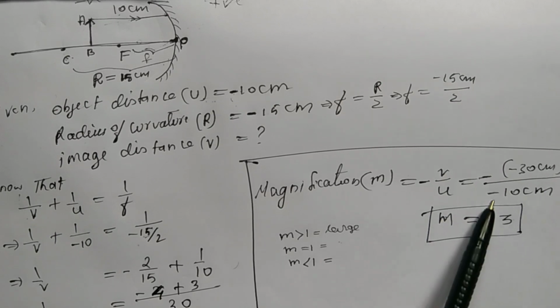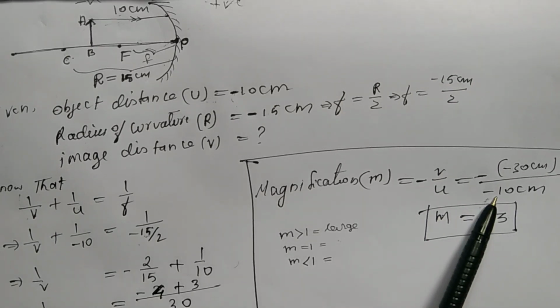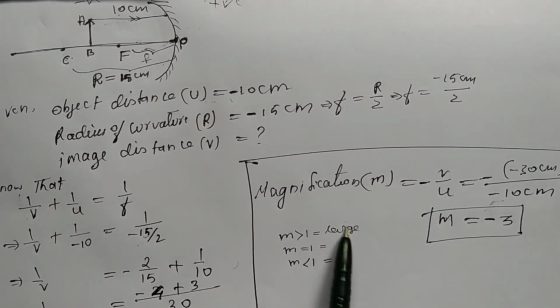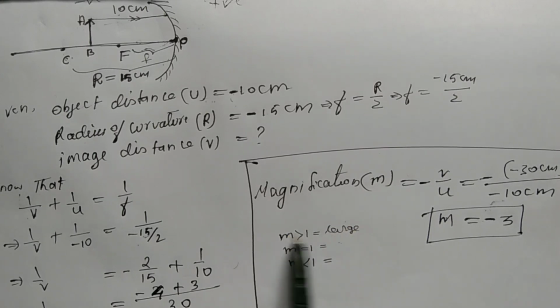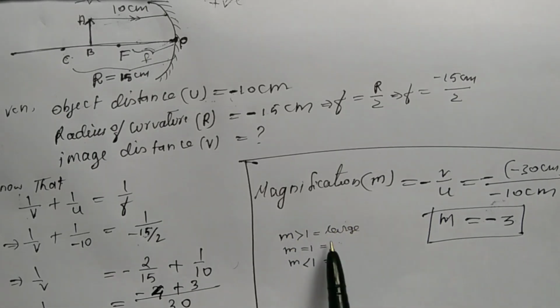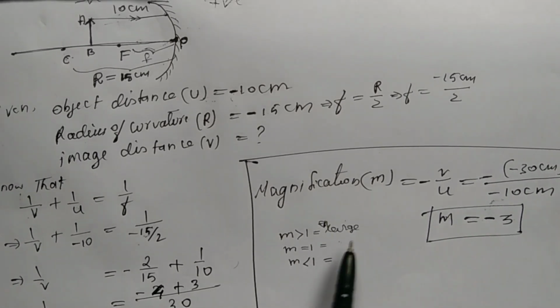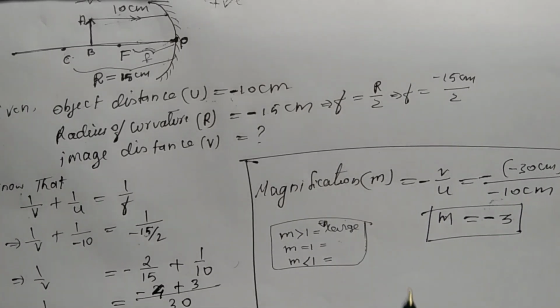So m is greater than 1, so now we can easily say that the image is large. Understood? Condition is given, m greater than 1, that means it is large, right? And large. So you remember this 3 condition.